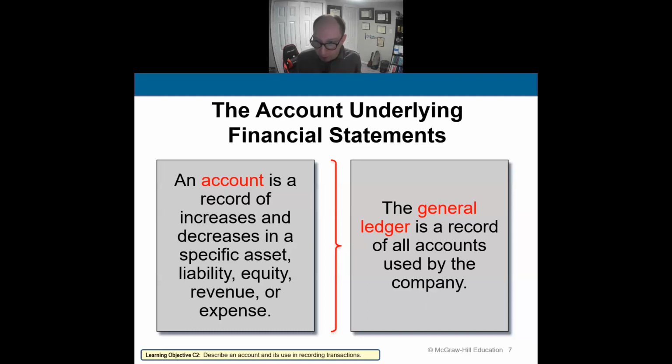Liabilities, as you may recall from Monday's conversation, are anything that the company owes to someone else. That's a liability.